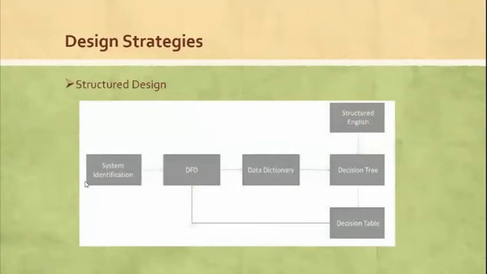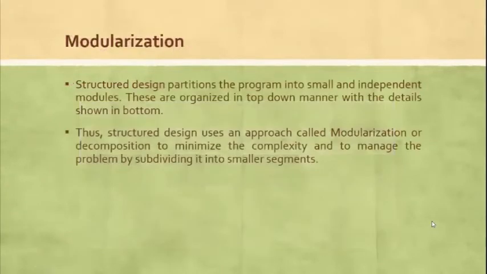So these are some of the examples of a structure design. So we have the system identification, DFD, data dictionary, structured English, decision tree, and decision table. So next we have modularization. So the structure design partitions the program into smaller and independent modules.